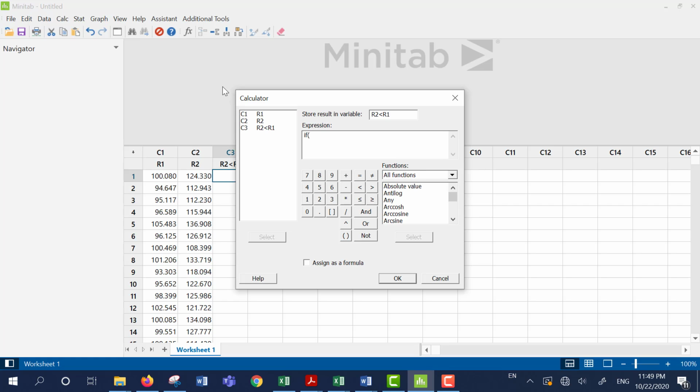If R2, you double click, so R2 will be in the expression, less than R1, you double click R1. If this is true, you give the value 1 in that column, otherwise 0.